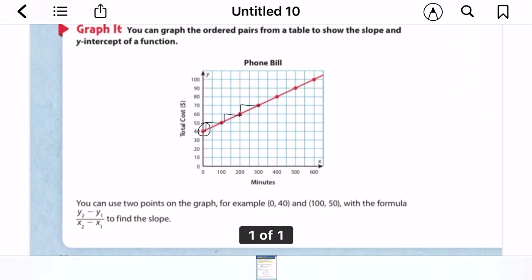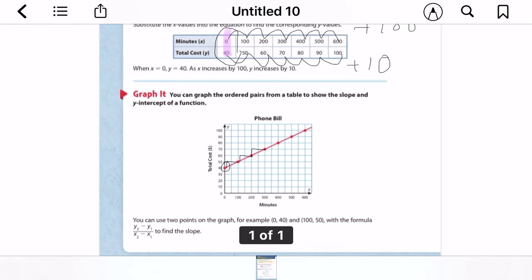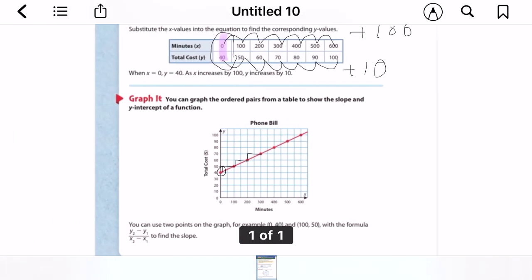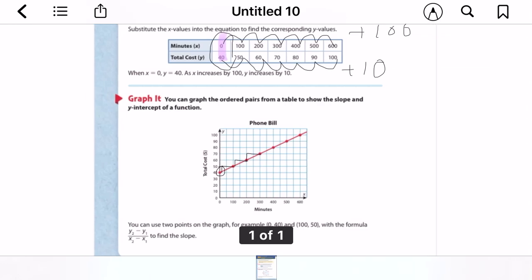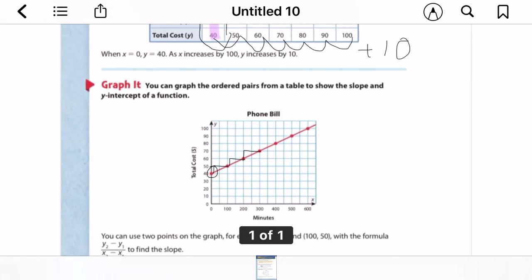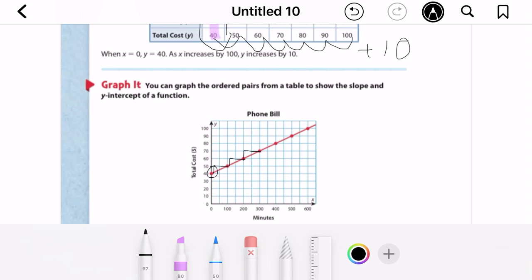Okay, and then they also show you this formula that goes along with it: y2 minus y1 over x2 minus x1. If we look at the change in y over the change in x, we would go with y2 minus y1 over x2 minus x1.